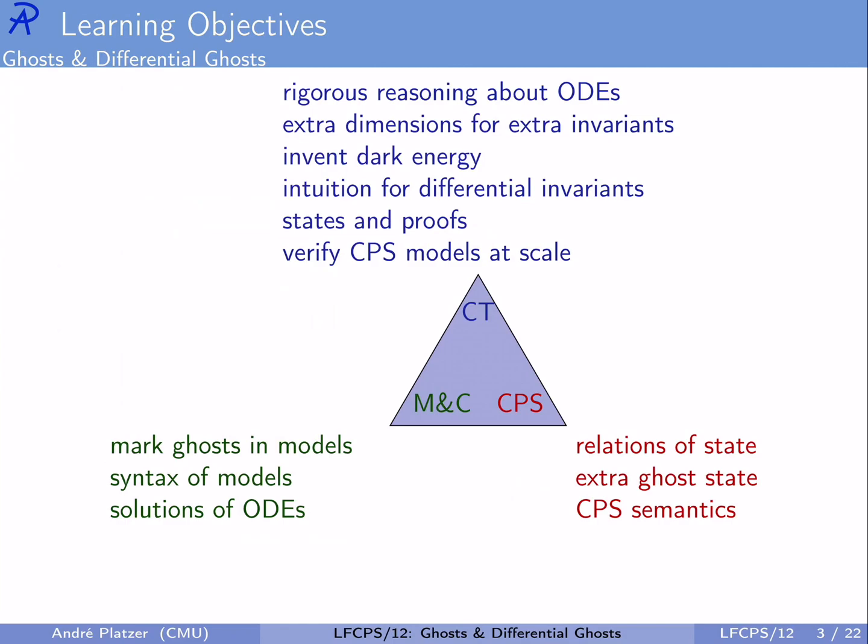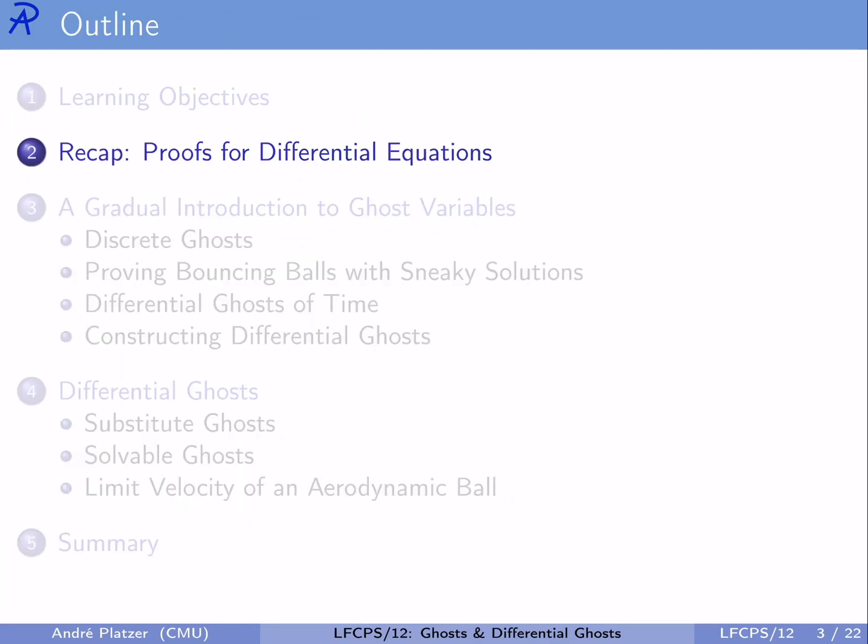From a CPS skill side, we look at a better intuition for operational effects of CPSs in terms of how we can relate state, as opposed to just worrying about the present state, by using extra ghost state variables that merely remember things or remember other quantities relative to which we want to understand the evolution of our own system. So let's get going.